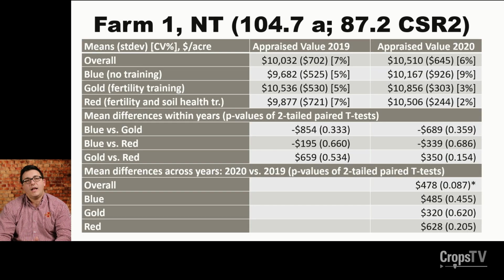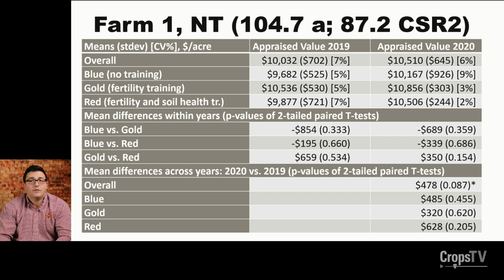So in this slide, I'm showing the appraised values for 2019 and 2020 for Farm 1, and this is the farm in long-term no tillage. This farm is almost 105 acres in size, and it has a CSR2 value, a corn suitability rating version 2, of 87.2.